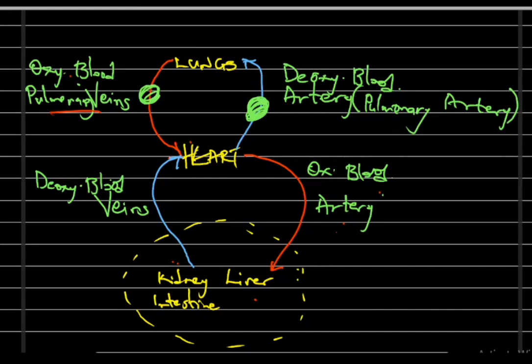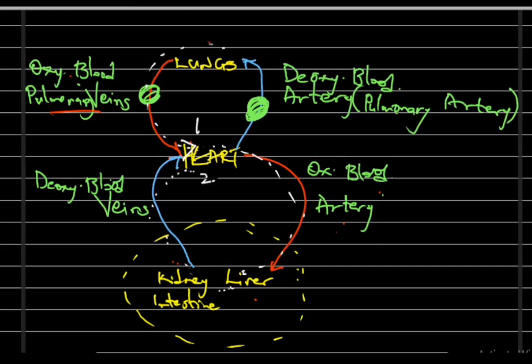So the first time the blood comes into the heart is when it comes from the lungs. When it comes from the lungs into the heart, that is the first one, and then the heart pumps that oxygenated blood into organs of the body, and then the blood goes back to the heart the second time.